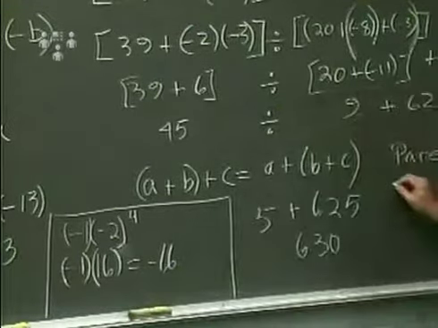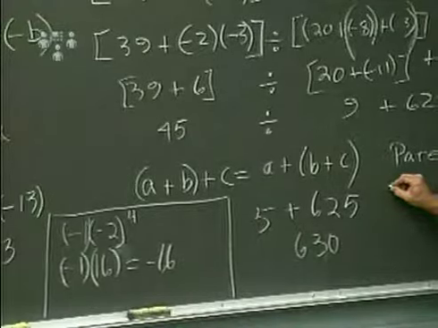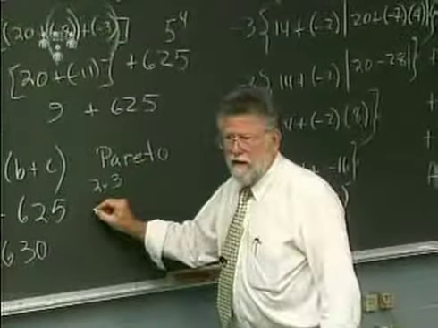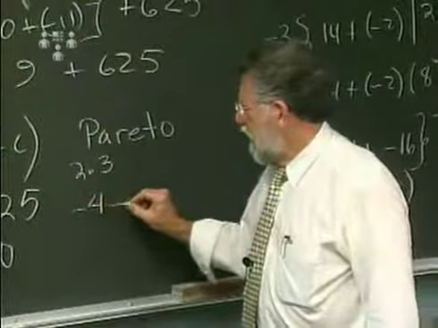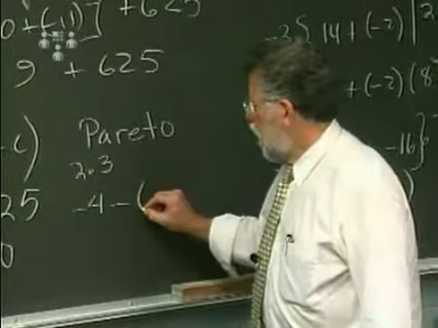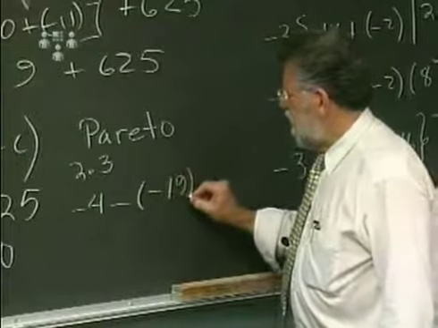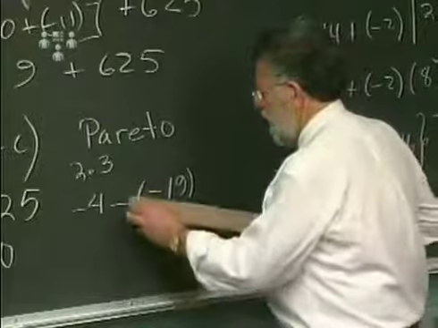Okay, give me the problem. It's out of 2-3. -4 minus, open parentheses, minus 19, close parentheses. That's it? Yep. That's a good problem.